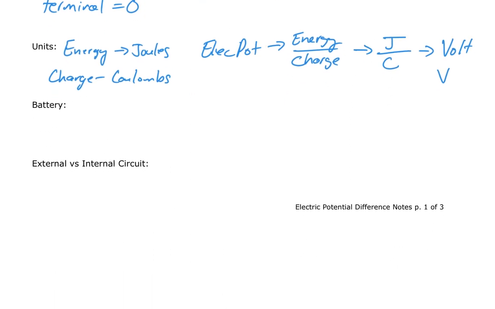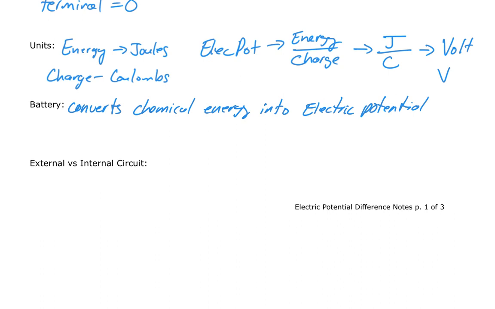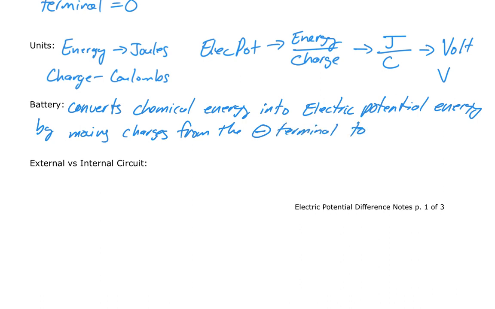So what is the role of the battery in the circuit? We talked about how it provides the oomph, and it really does. What the battery does is convert chemical energy into electric potential energy by moving charges from the negative terminal to the positive terminal.